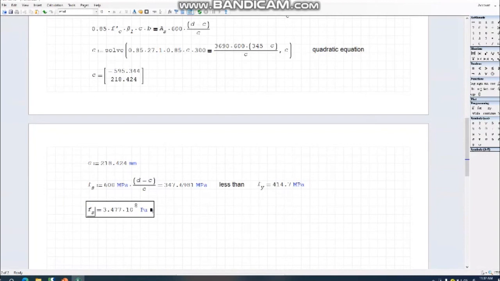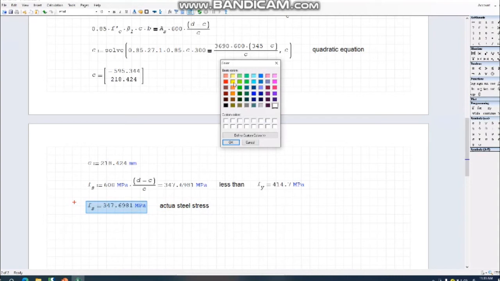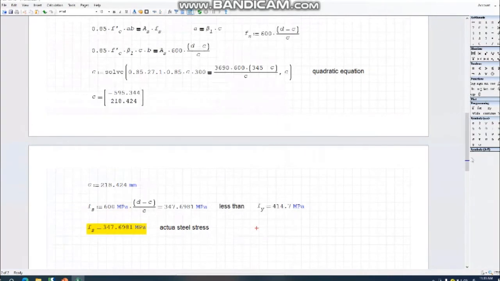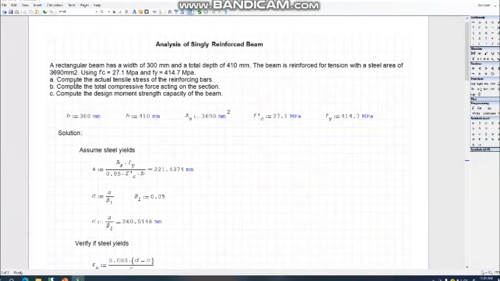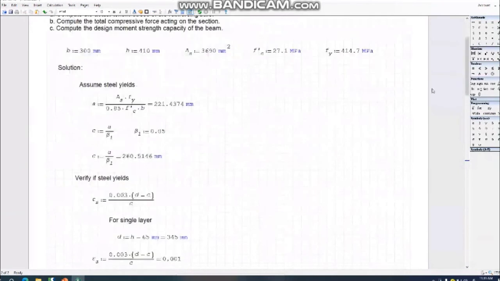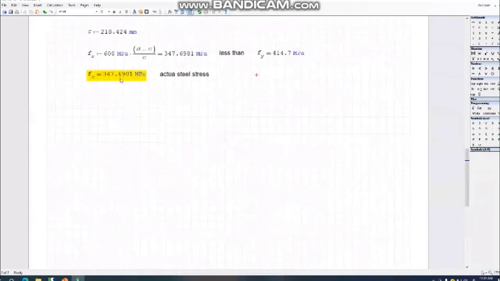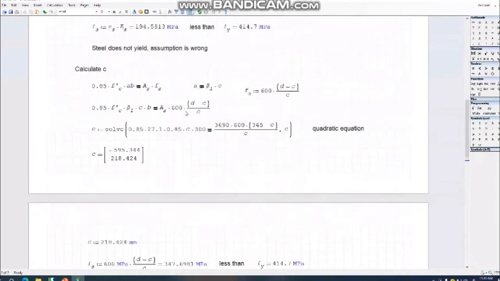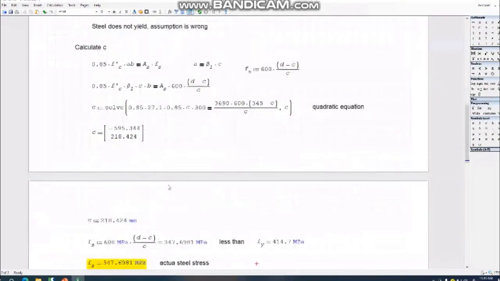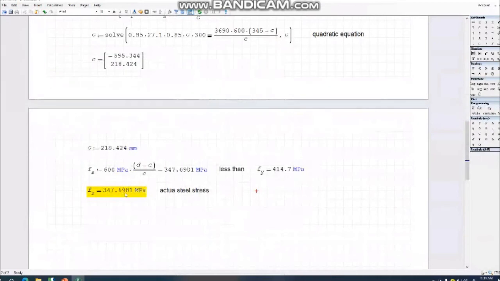This is already the actual tensile stress. This is now the answer to our first question: compute the actual tensile stress in the reinforcing bars. This is the correct answer.